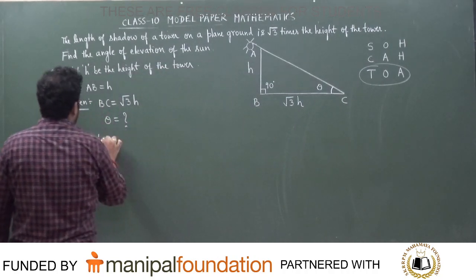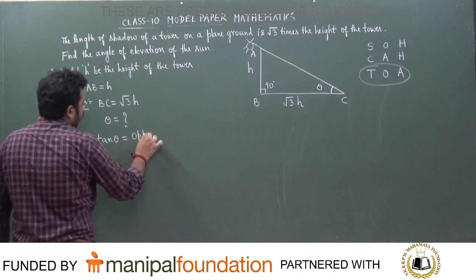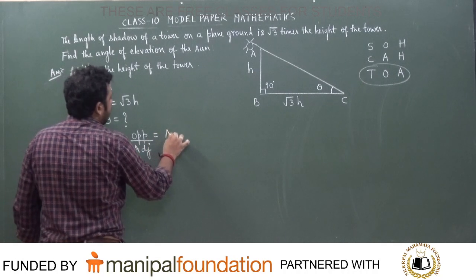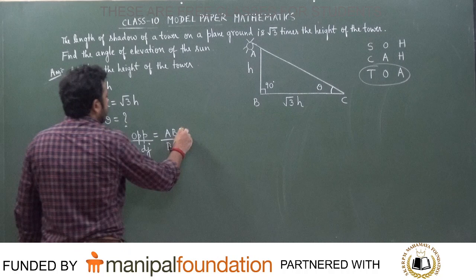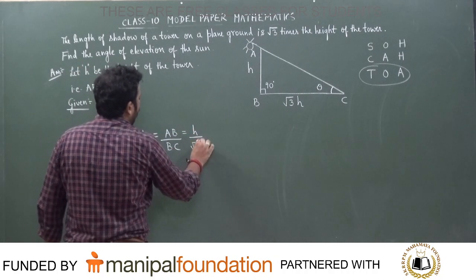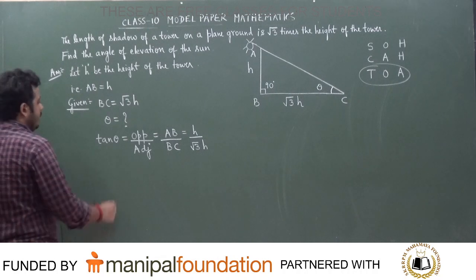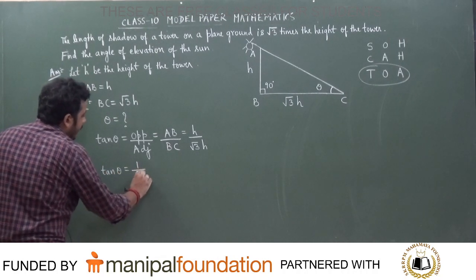Tan theta is opposite side divided by adjacent side. The opposite side to theta is AB, the adjacent side is BC, which is h divided by root 3 times h. So tan theta is equal to 1 divided by root 3.